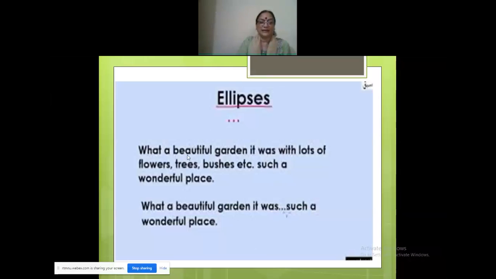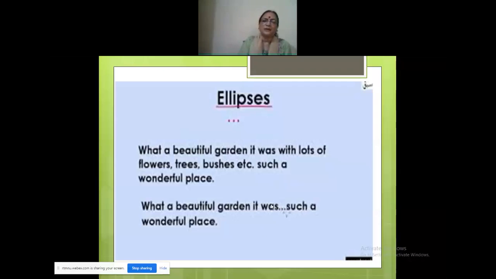Suppose, again, what a beautiful garden. Now if it is a beautiful garden, it is understood that it will have beautiful flowers, beautiful trees, beautiful bushes. तो इतना repeat करने की जरूरत ही नहीं है. You can just write, what a beautiful garden it was. Such a wonderful place.